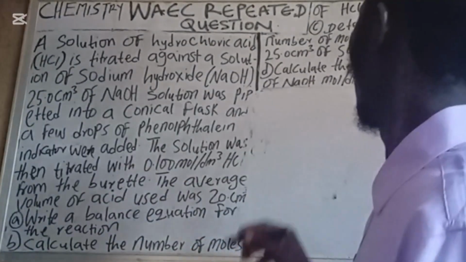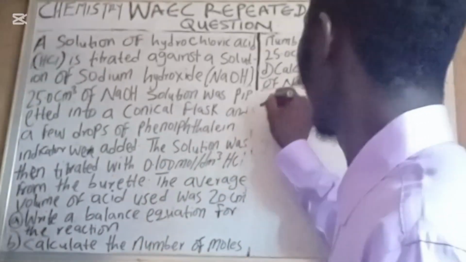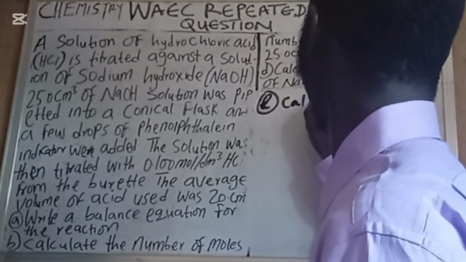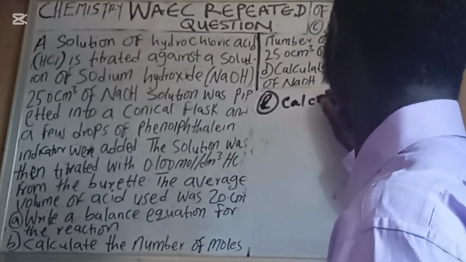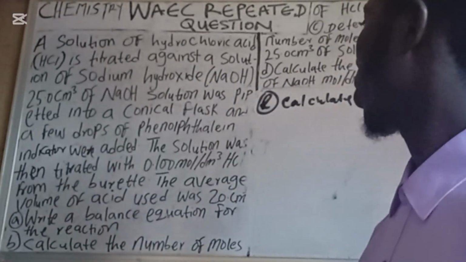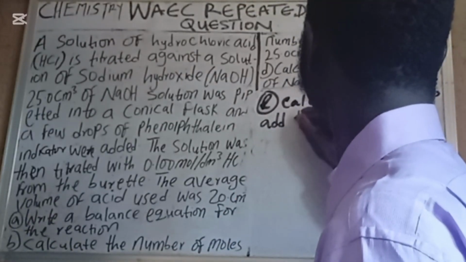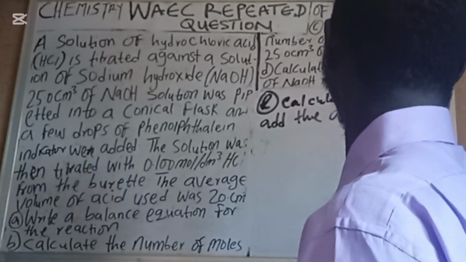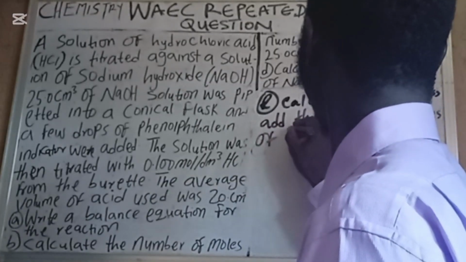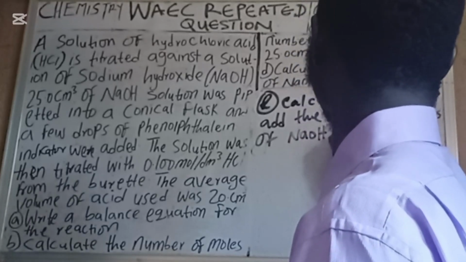So our next question, which I cancelled because of not enough space, is E. The question said that we should calculate the molar mass. In calculating molar mass, we have to add the atomic masses of sodium hydroxide.